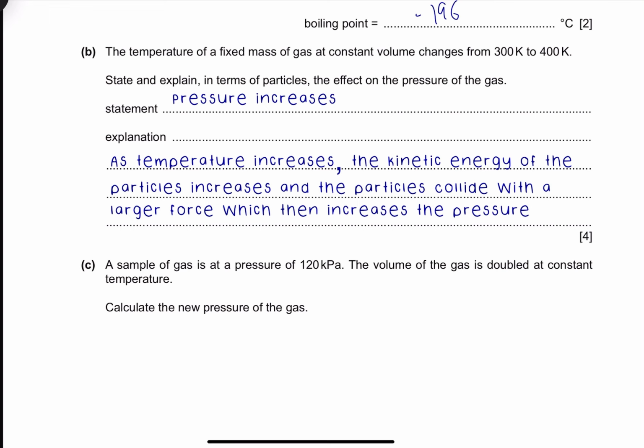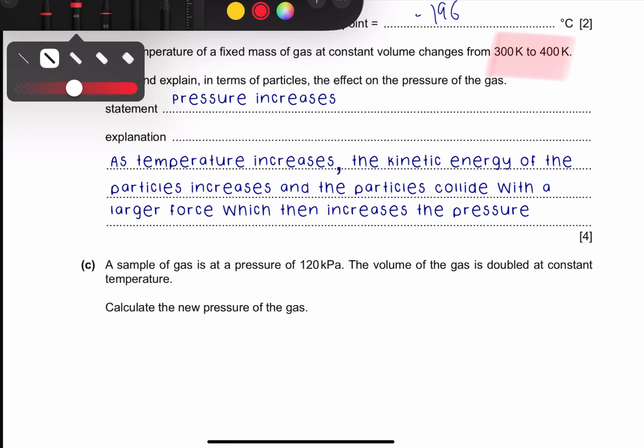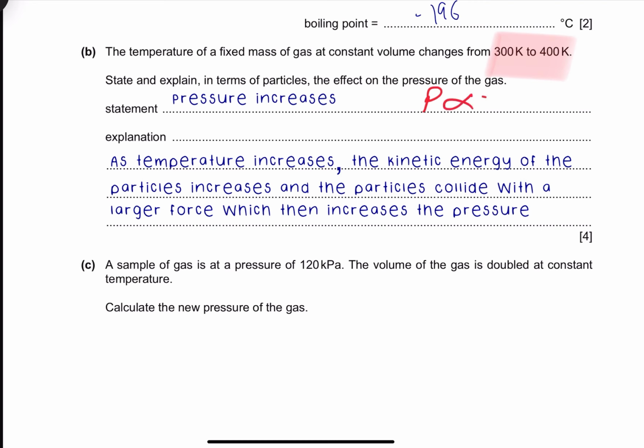In part B, the temperature of a fixed mass of gas at constant volume changes from 300 to 400 Kelvin. Temperature is changing, we have to tell about the pressure. So we know that pressure is directly proportional to the temperature. So increasing temperature will increase the pressure.